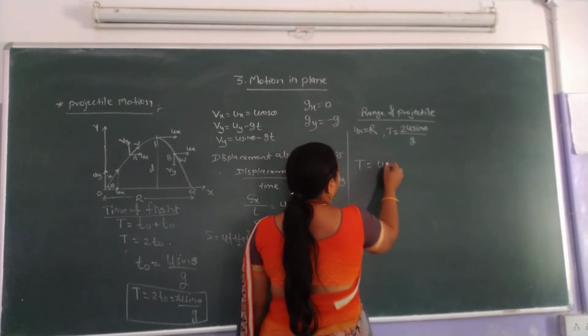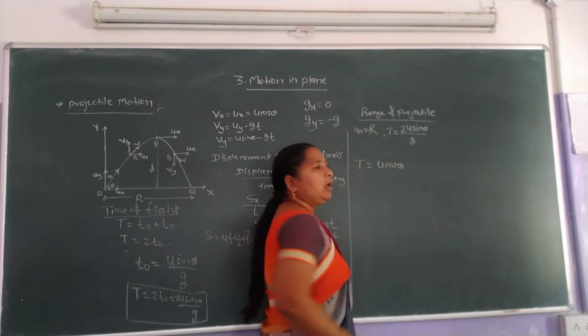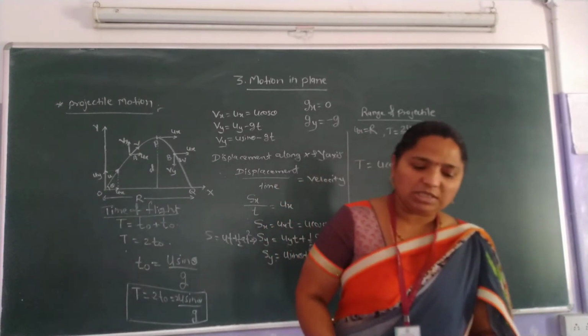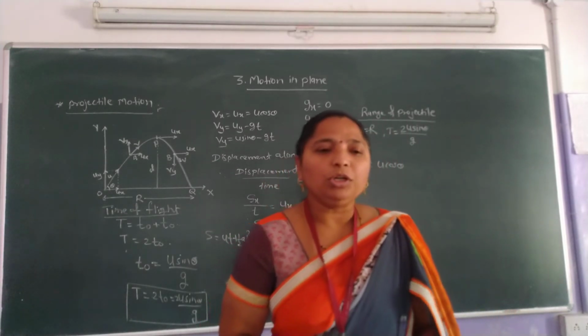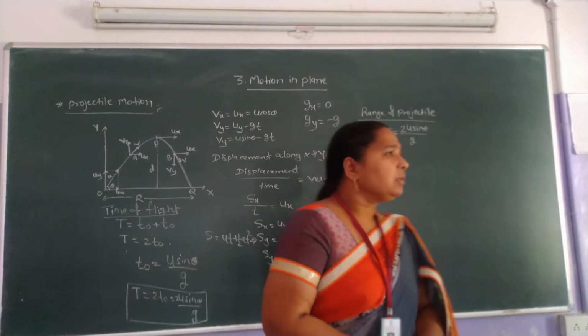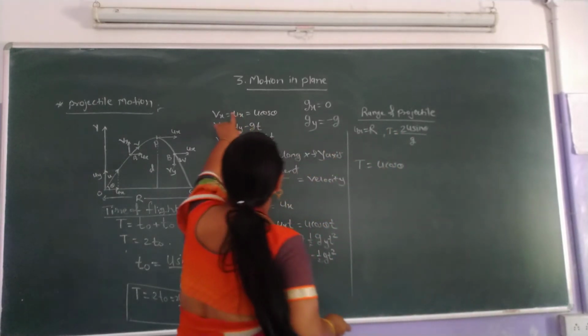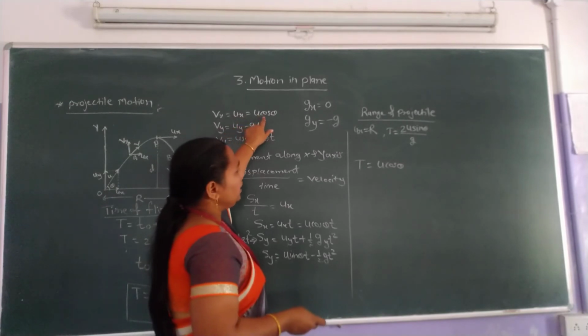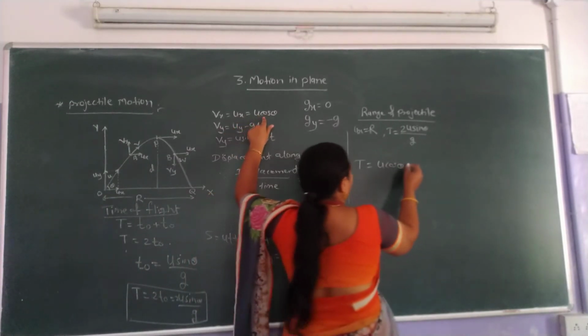Ux into T, which is u cos theta into 2t0. Here u cos theta is the horizontal component.